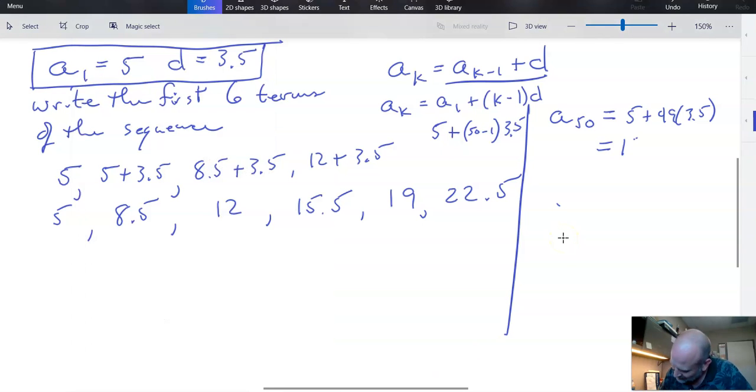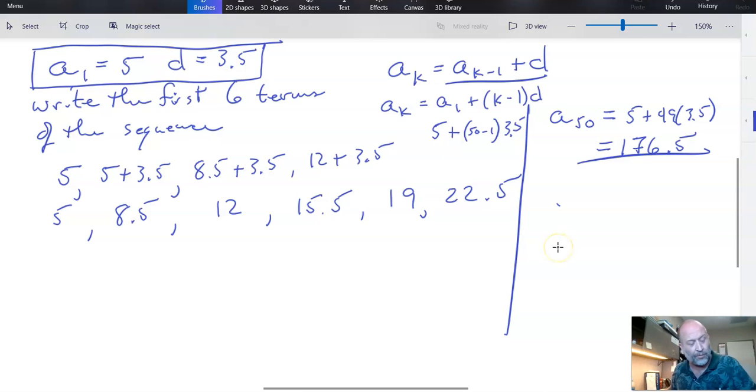I said it backwards. 76.5. Right? And so it's just a matter of being able to figure out what the common difference is and your first term. If you have those two things, you have pretty much everything determined about the terms of the sequence.